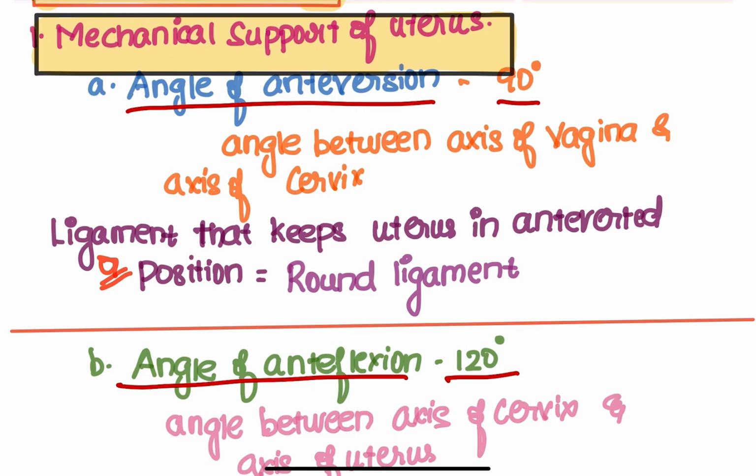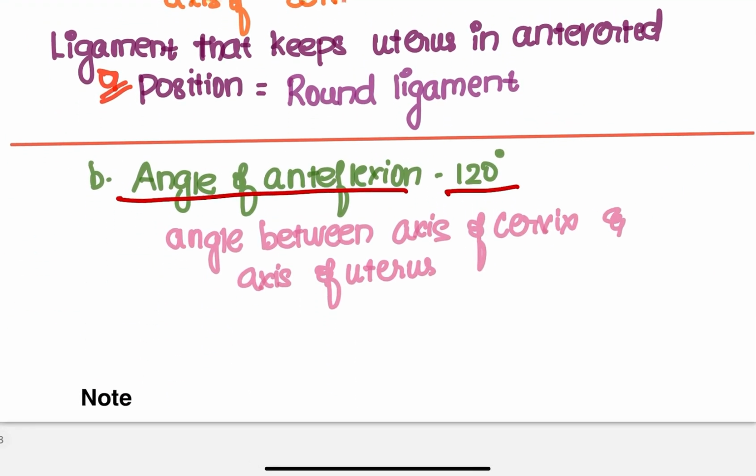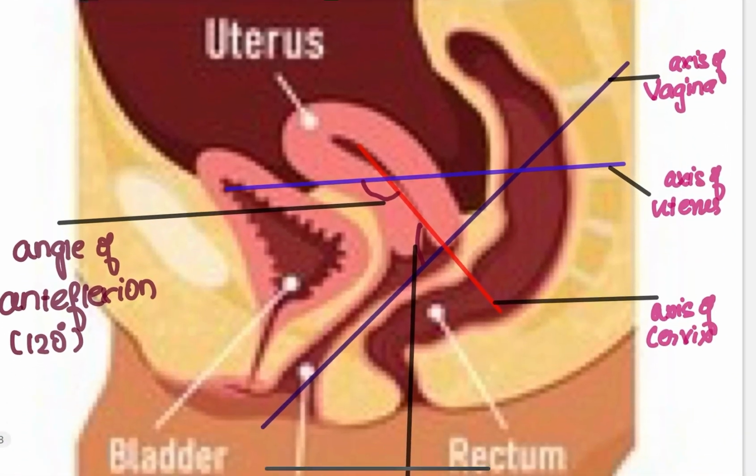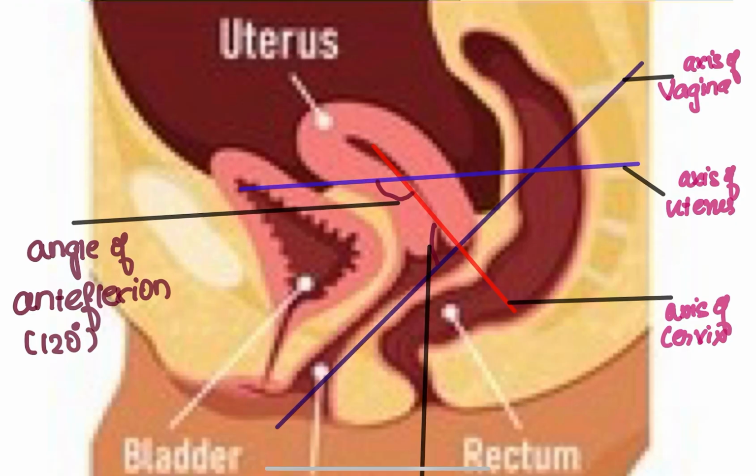Now you will get the doubt: what is the angle of anteversion and the angle of anteflexion? The angle of anteversion is the angle made between the axis of the vagina and the axis of the cervix.